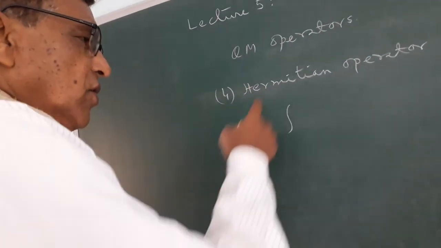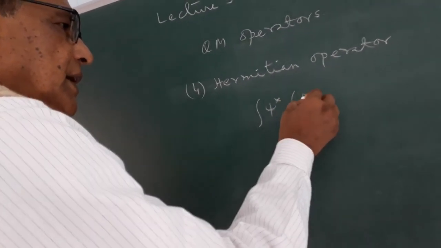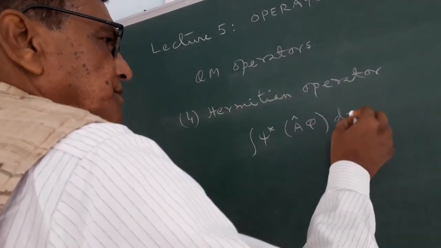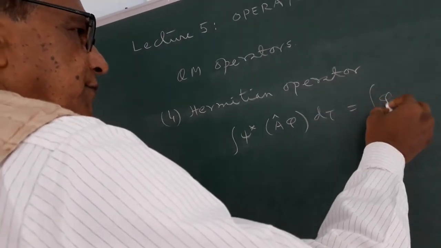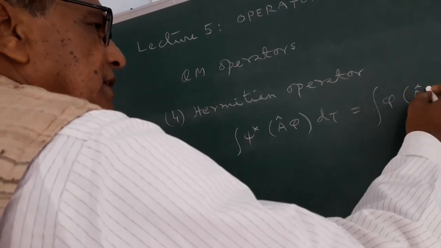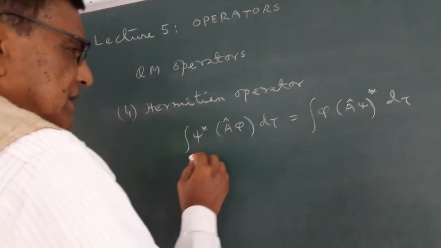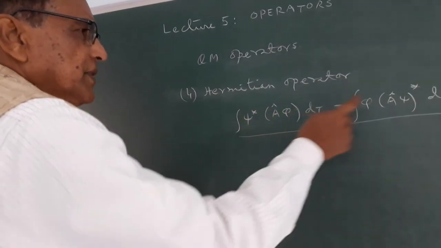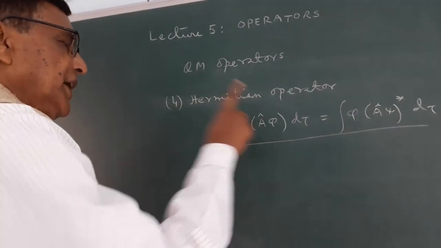The integration over all space of psi star into A cap on phi d tau, if this is equal to the integration over all space of phi into A cap on psi, the complex conjugate, d tau. If this condition is obeyed by an operator, then this operator is called a Hermitian operator. Psi and phi are the eigenfunctions of this operator A cap.